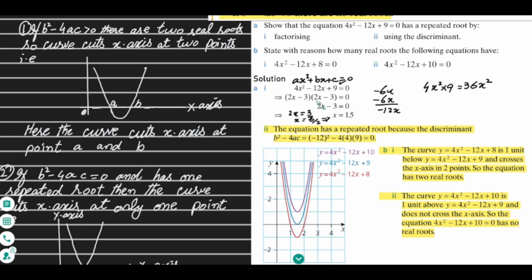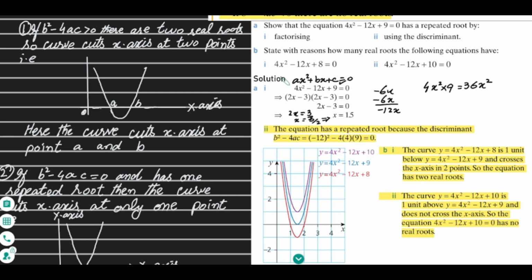We use b, minus 12 square, minus 4ac. Here a is 4 and c is 9. Now we will solve it. We get 0. The equation has a repeated root because the discriminant is 0.